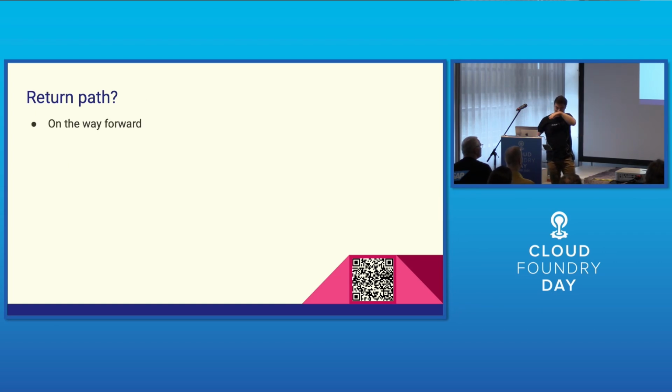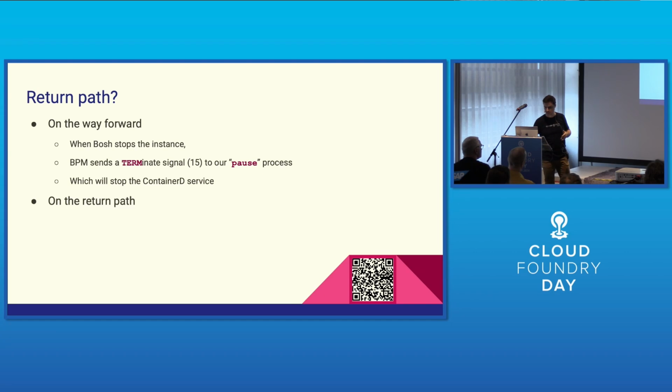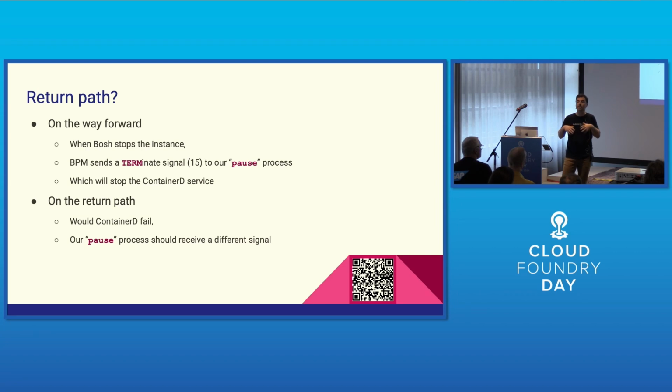And the return path. On the way forward, when Bosh stops the instance, BPM sends a TERM signal to our pause process, and we forward that as a stop on the containerd service. But on the return path, should containerd fail, our pause process should receive a different signal to do something else.